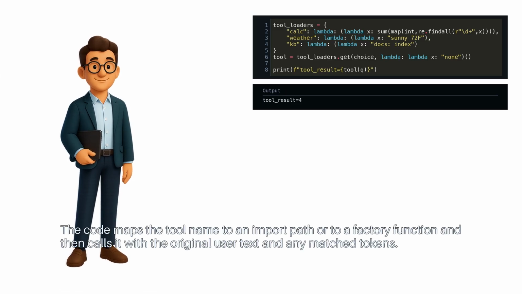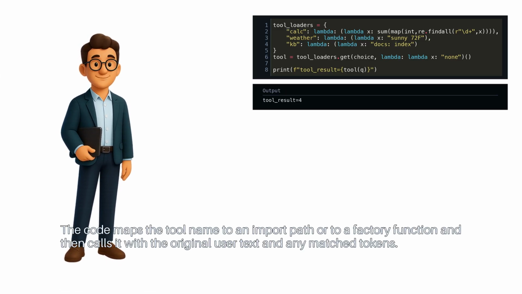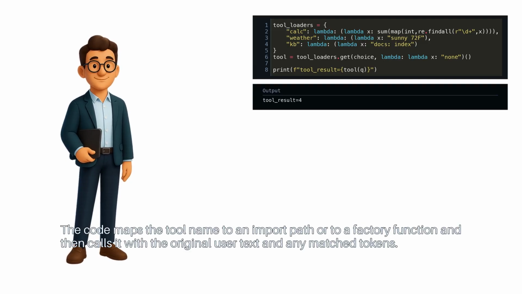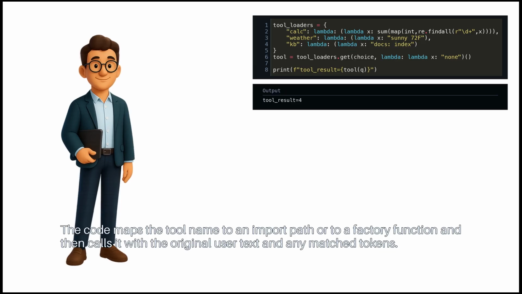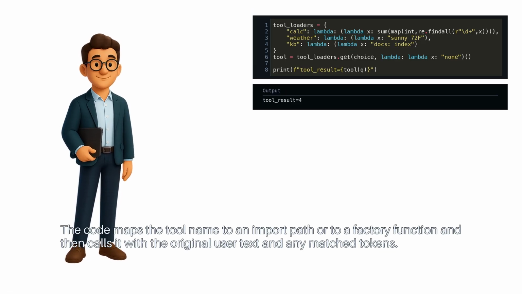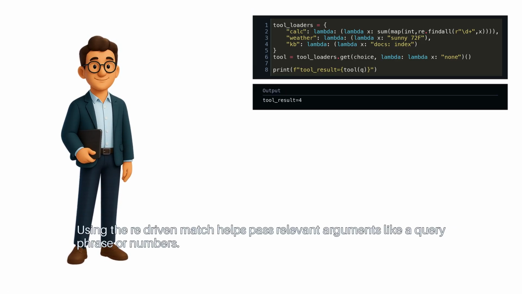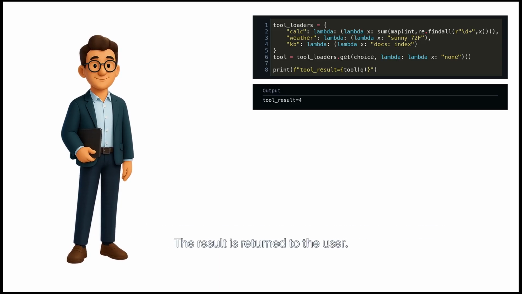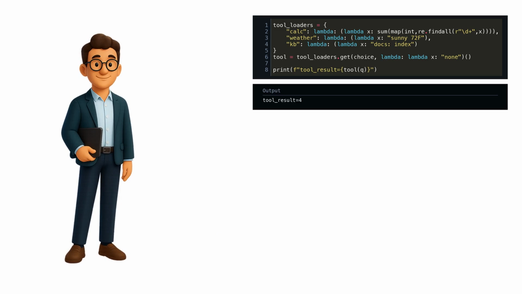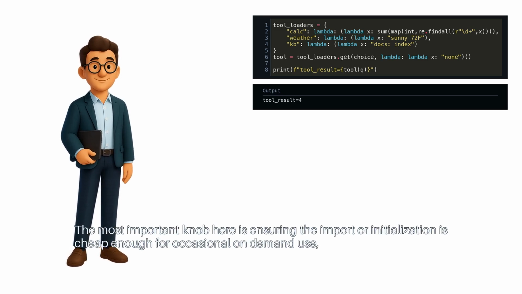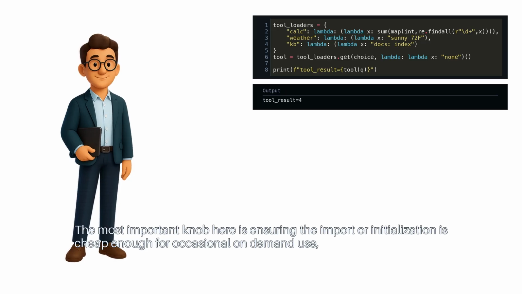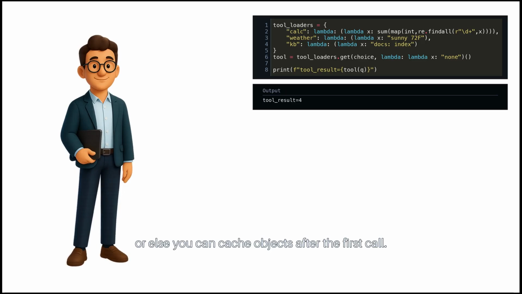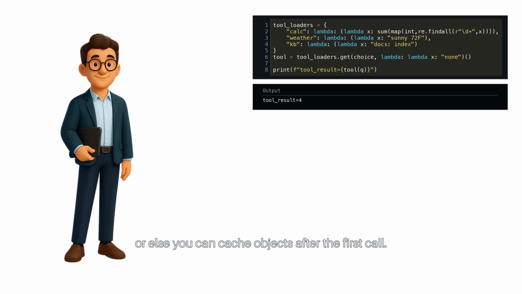The code maps the tool name to an import path or to a factory function, and then calls it with the original user text and any match tokens. Using the re-driven match helps pass relevant arguments like a query phrase or numbers. The result is returned to the user. The most important knob here is ensuring the import or initialization is cheap enough for occasional on-demand use, or else you can cache objects after the first call.